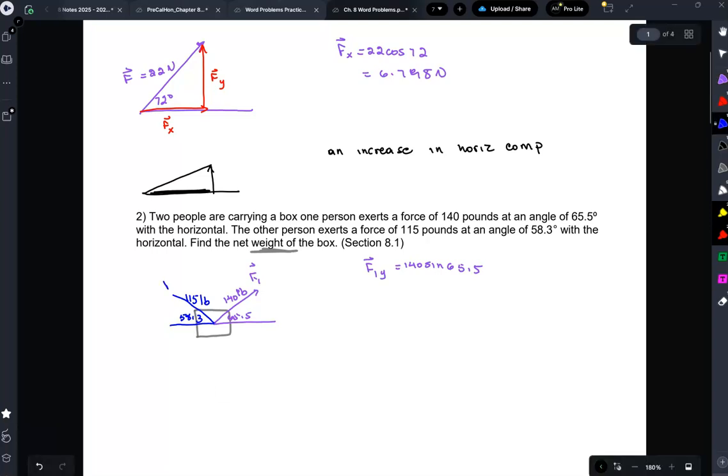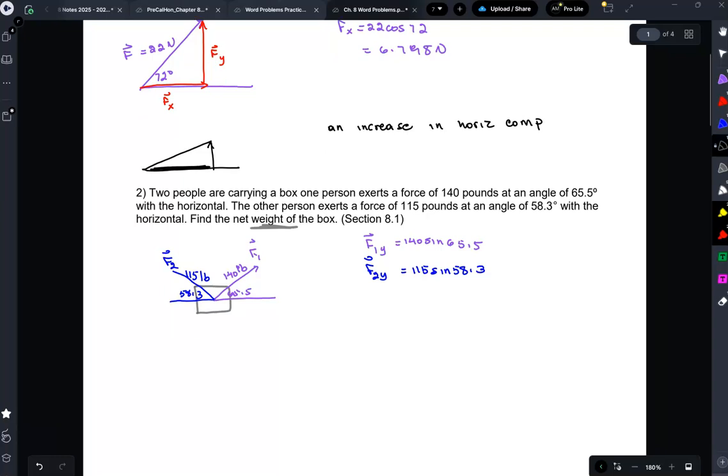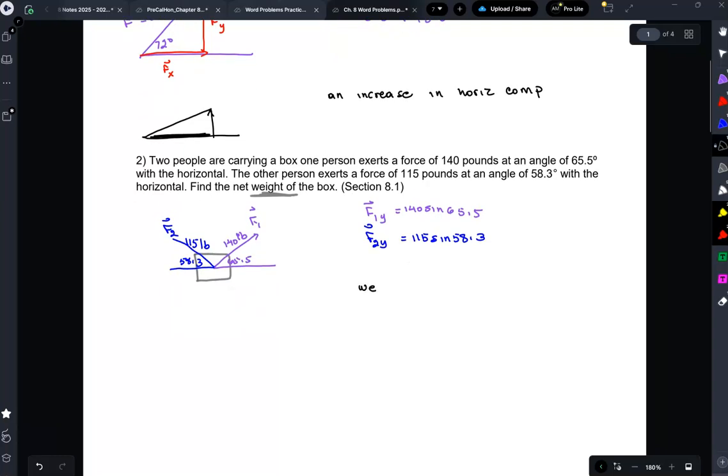And then if I call this one F2, the Y component of that one is going to be 115 sine 58.3, and the weight is the combined vertical components.